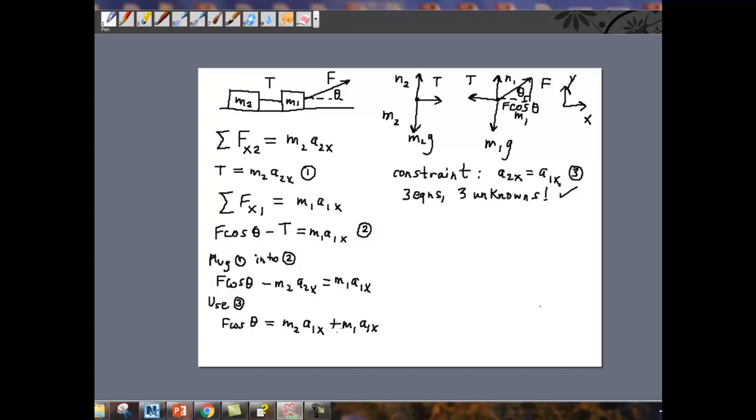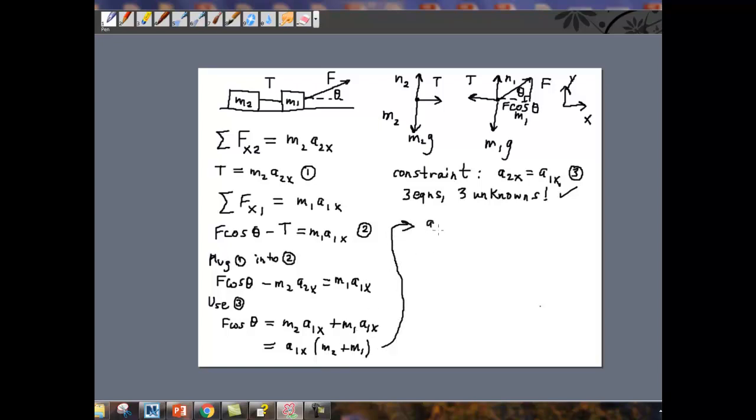I'm trying to solve for the acceleration, so what I've got here is a way to factor it out because it's present in both terms. And so I'm ready now to solve for the acceleration by dividing both sides by the sum of the 2 masses.